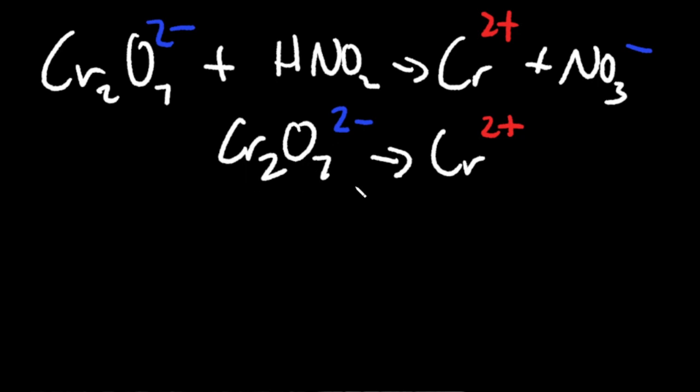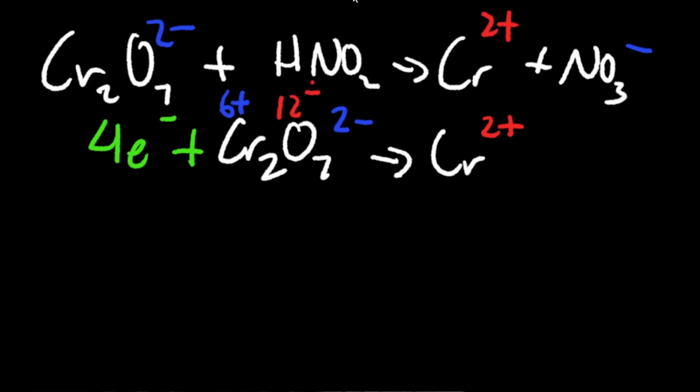So this will add up to 14, but you have a 2 minus on the outside, so it'll be 12 minus total. And then since you got 2 chromium, you split that between the 12 minus, so it'll be a 6 plus charge each. But right here you only have a 2 plus charge, so you need to add 4 electrons to get to the 2 plus charge.